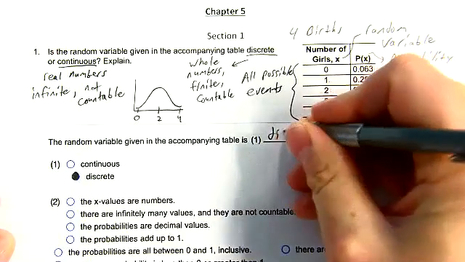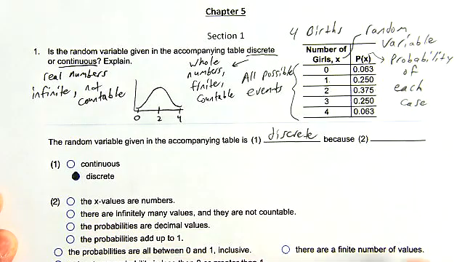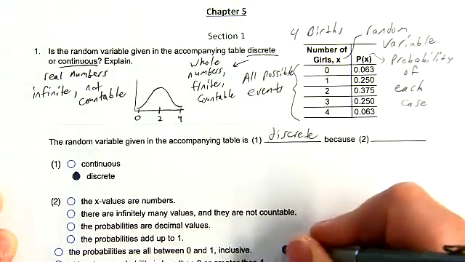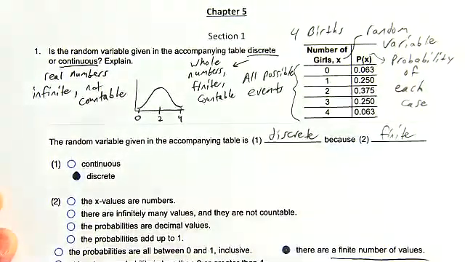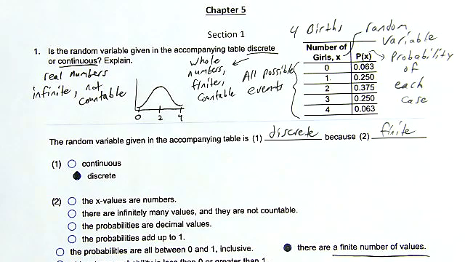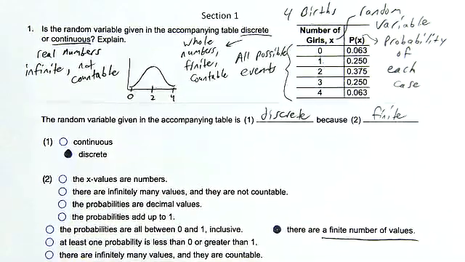So this is discrete because there are a finite number of values. Okay, so not a whole lot new there. All of that we pretty much knew before, except for this idea of putting this in a table. So that's the new part.